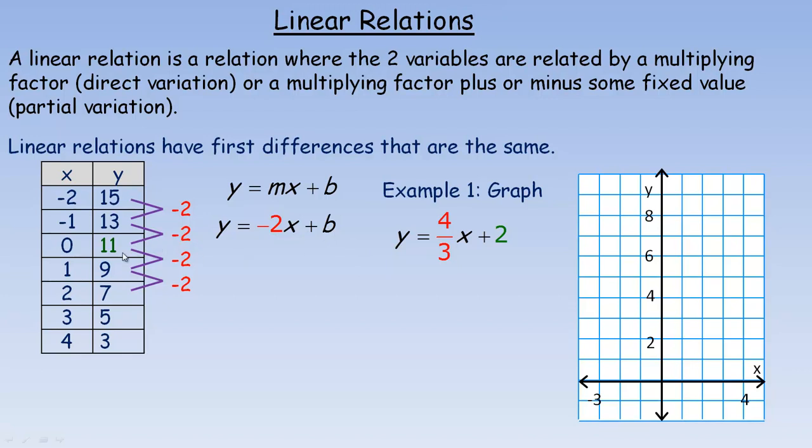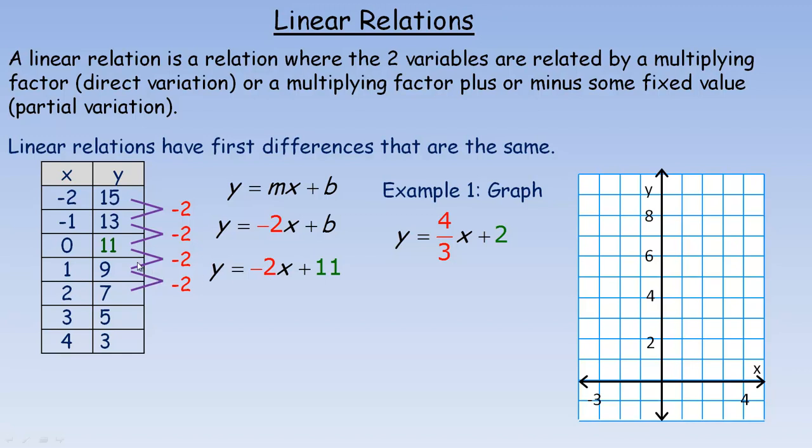And so I can take any of these xy pairs or ordered pairs and substitute to find b. And in fact, I'm going to show you 2 different ways to do this. If you know the y value when x is 0, this actually tells you that 11 is the y-intercept. So the equation is y equals negative 2x plus 11.